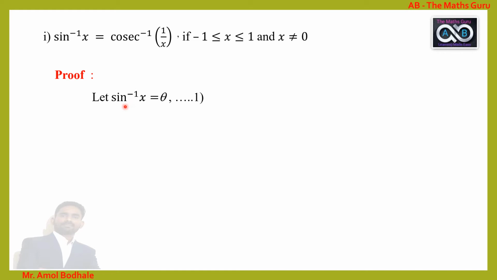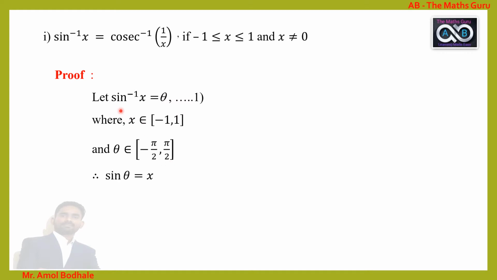When we suppose sine inverse of x as theta, there are restrictions on x and theta. So x must belong to the domain of sine inverse, which is the closed interval minus 1 comma 1, and theta must belong to the range of sine inverse, that is minus pi by 2 comma pi by 2.